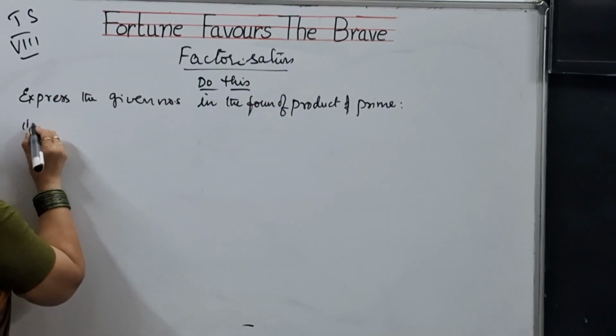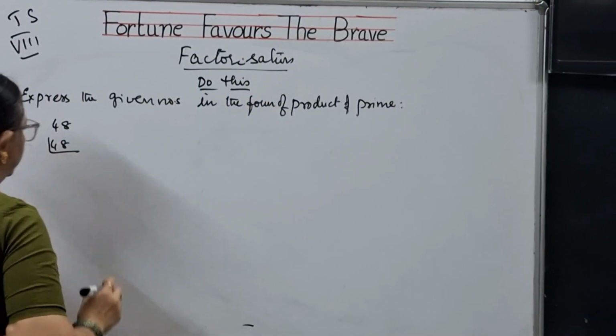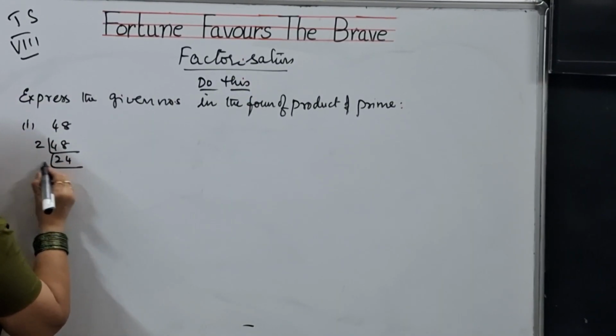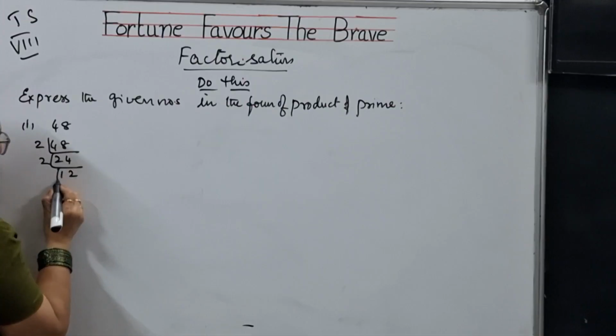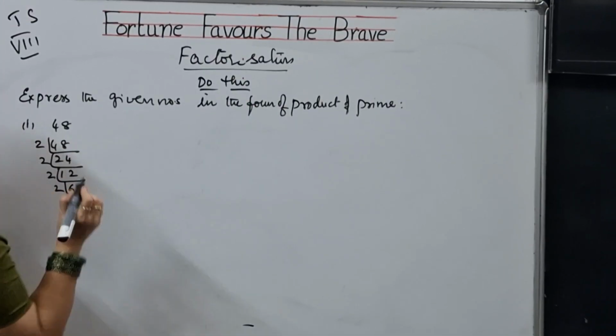First one, 48. When you take 48, it can be divided by 2. 2 twos are 4, 2 fours are 8, 2 twelves are 24, 2 sixes are 12, 2 threes are 6.